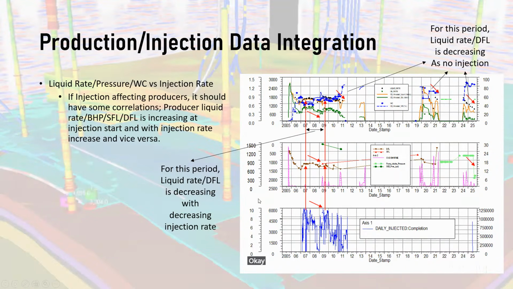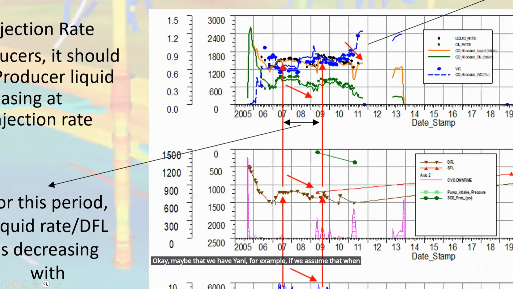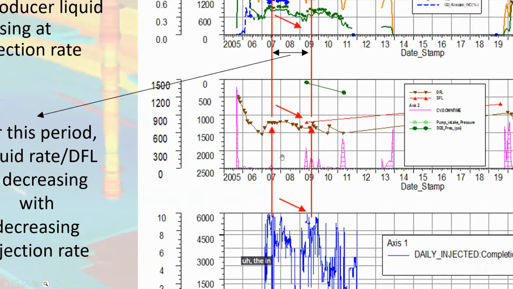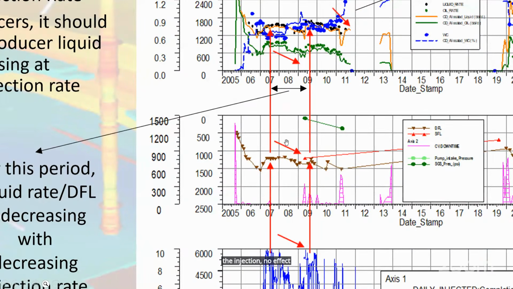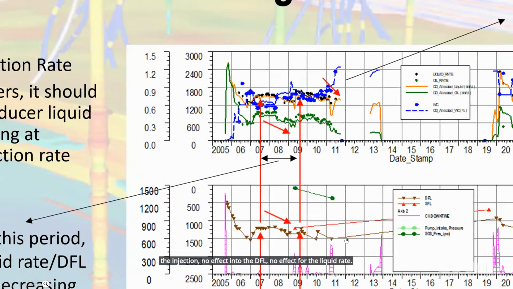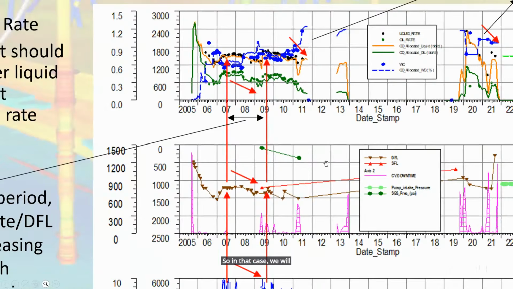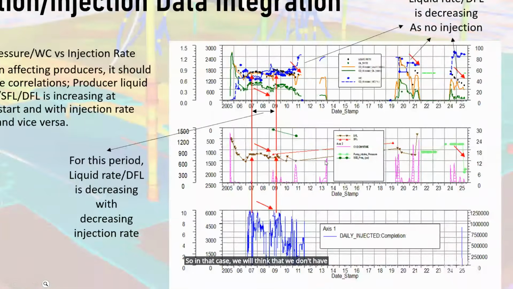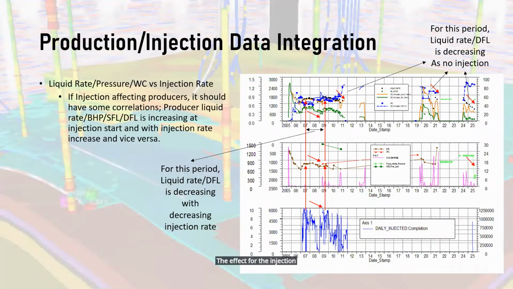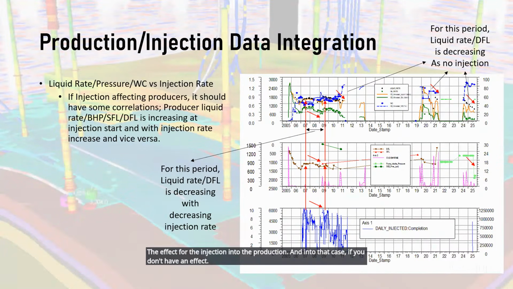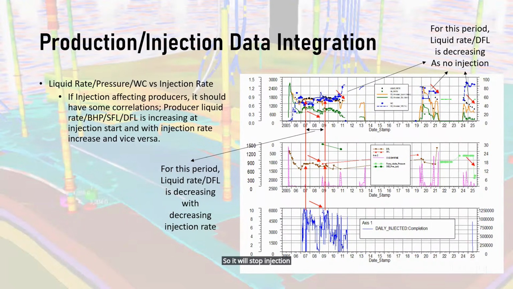For example, if we assume that when we stop the injection there is no effect on the DFL and no effect on the liquid rate, then in that case we will think that we don't have an effect from the injection on the production. And in that case, you will stop the injection, because you have additional cost for the injection without any benefit to the production.